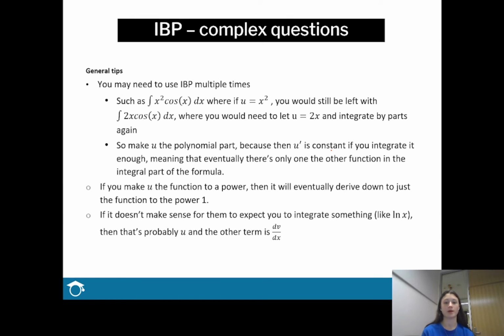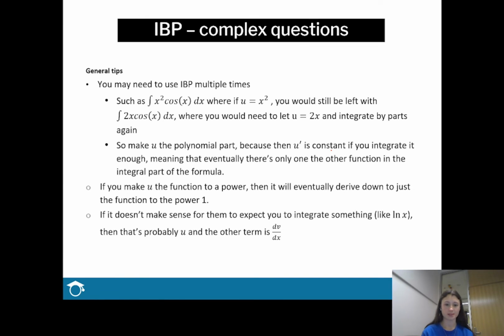So for example, with the integral of x squared cos x up here, if u equals x squared, you would still be left with 2x cos x as something that you need to integrate.